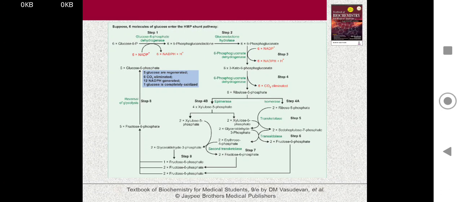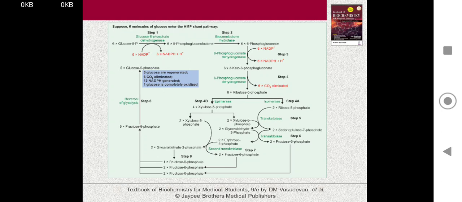Here is the summary of the pathway. Glucose 6-phosphate, with the help of the enzyme glucose 6-phosphate dehydrogenase, is converted into 6-phosphogluconolactone, which with the help of the hydrolase enzyme is converted into 6-phosphogluconate, which is converted into ribose 5-phosphate by 2 reactions.